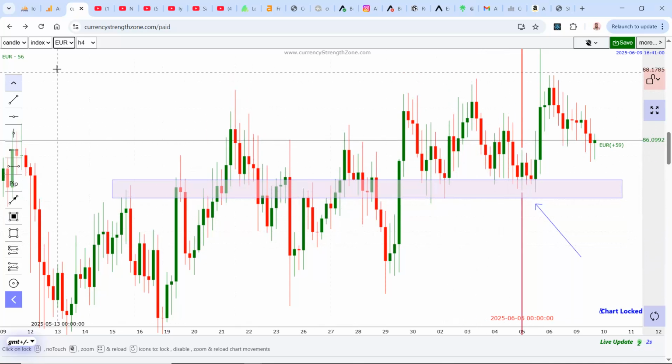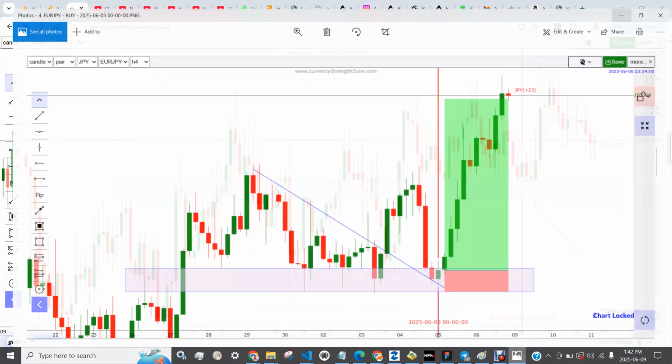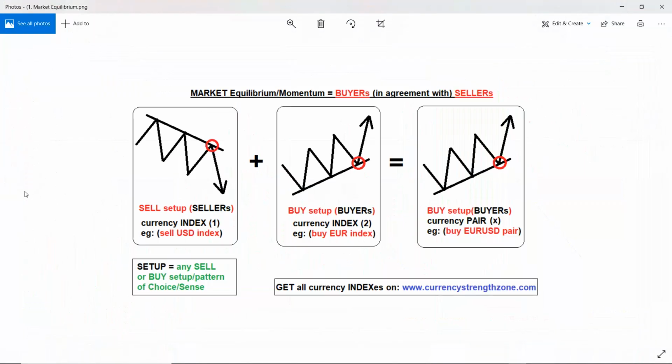So this certifies the market equilibrium system.